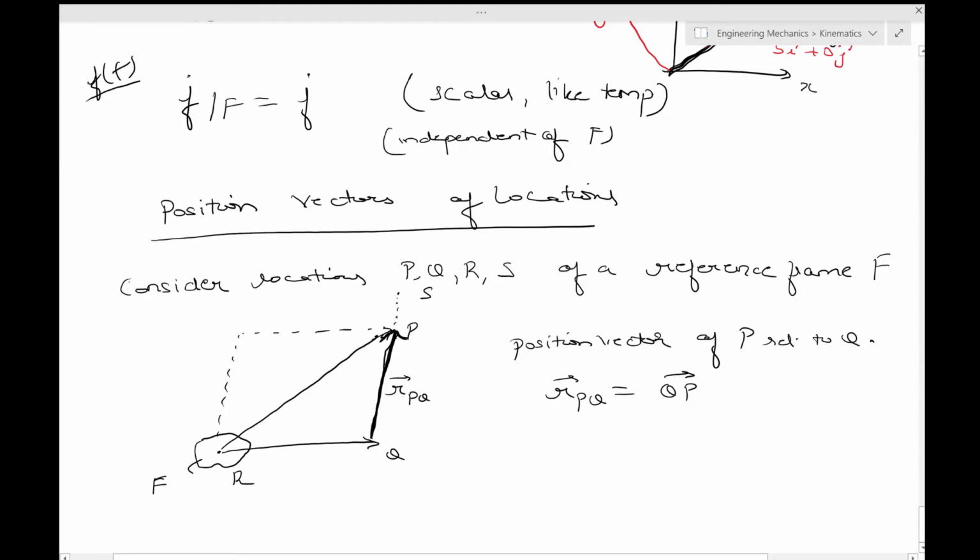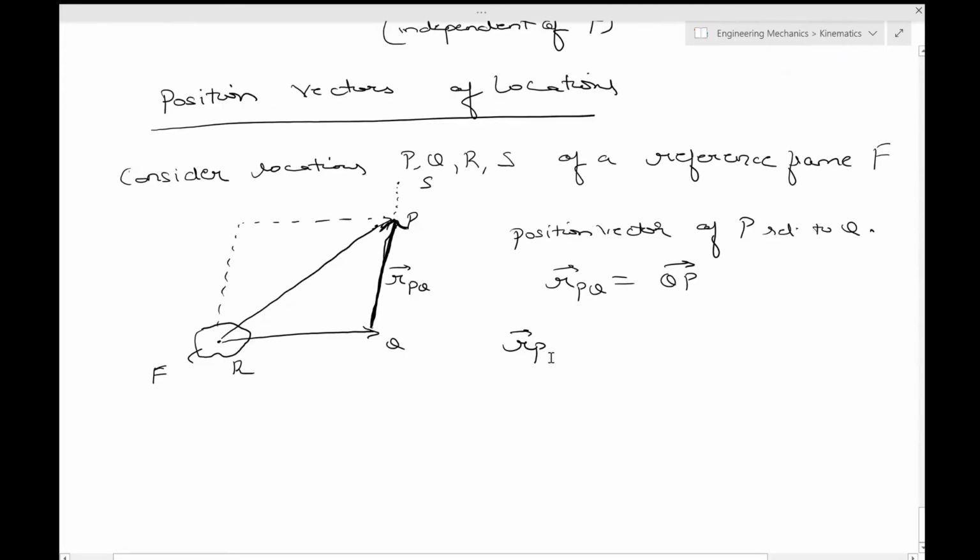If this is not relative to Q but relative to a reference location O, then you would say that the position vector of P is RP. Let me just come to another figure.